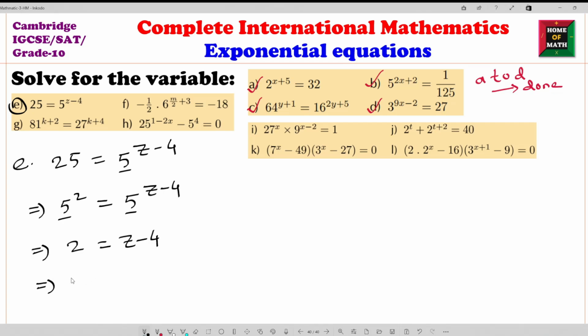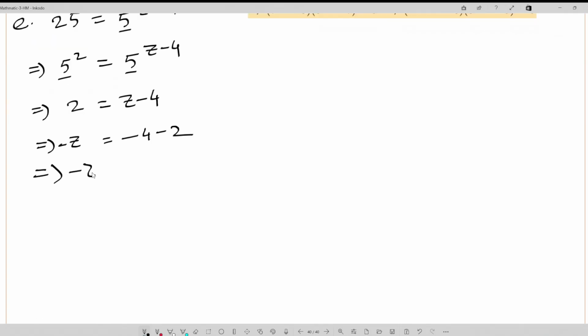So we can write z equals minus 4. Here is minus z and minus 2, right? Then minus z equals minus 6.